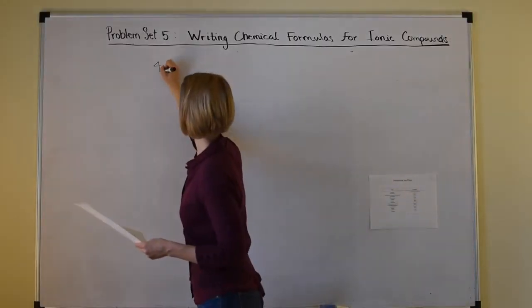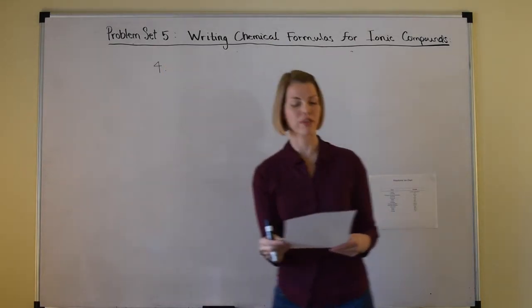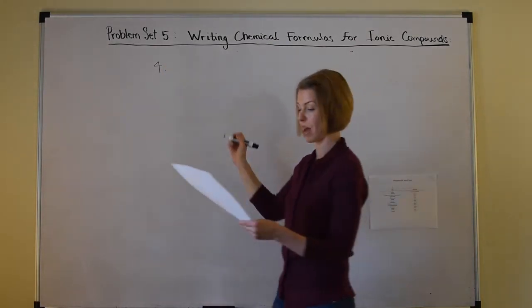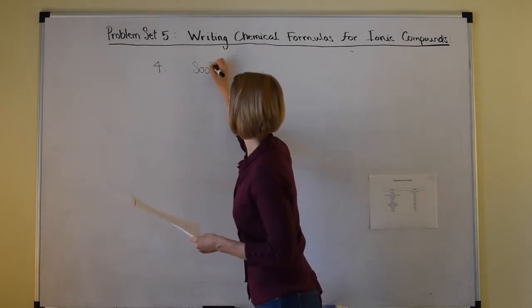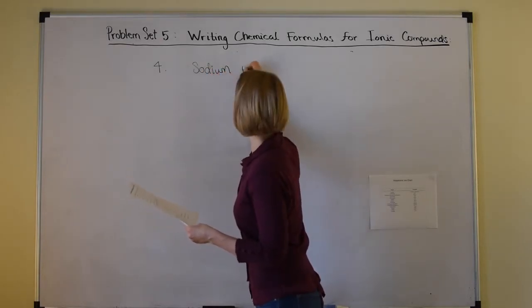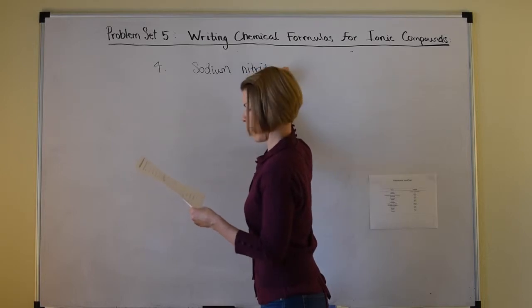Number 4. Last but not least, write the formula for the following ionic compounds. So we've got sodium nitrite. I'm going to go ahead and write them all out first.